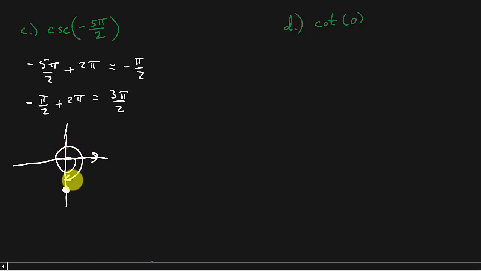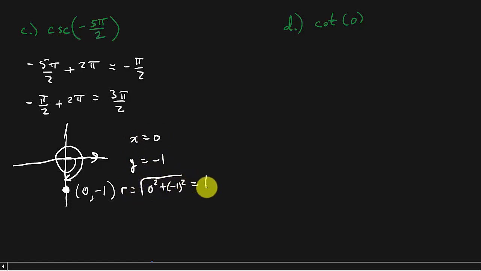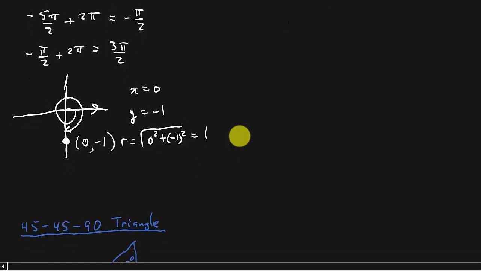But the thing that we're concerned about is this line that it's on. So we could make this the point 0, negative 1. So here, x is 0, y is negative 1, r is the square root of 0 squared plus negative 1 squared, which equals 1. So there's r.